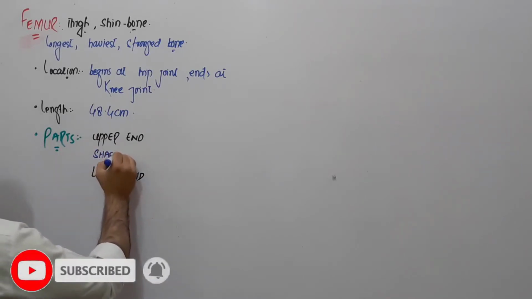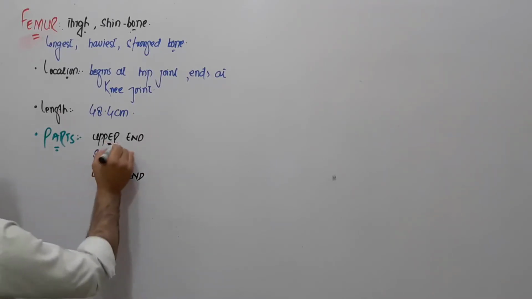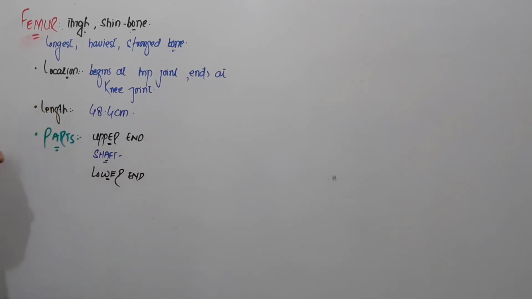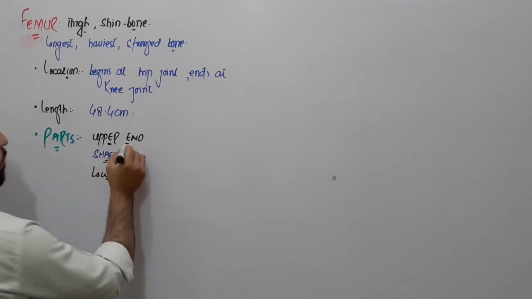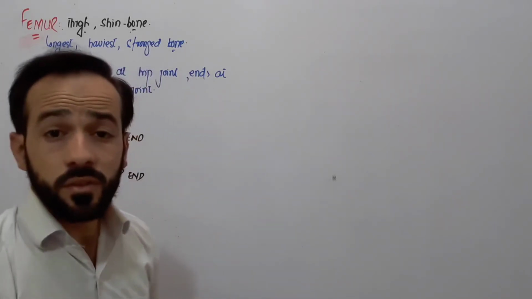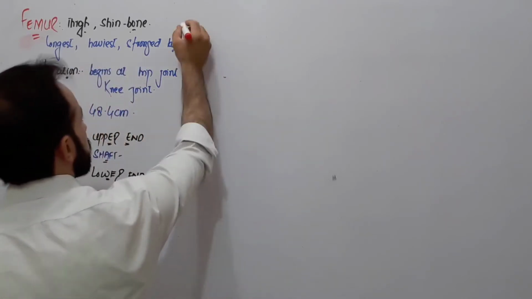We will discuss the features of every part: the upper part, middle part, and lower part. First we will discuss the anatomy of the upper part of this femur bone. So let me begin my lecture here.